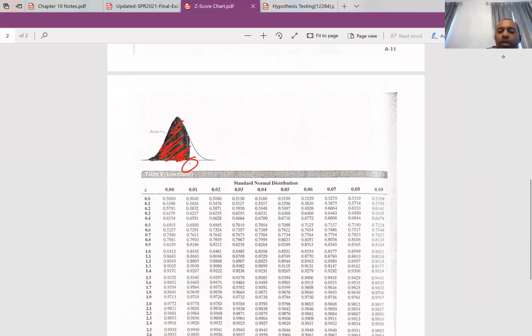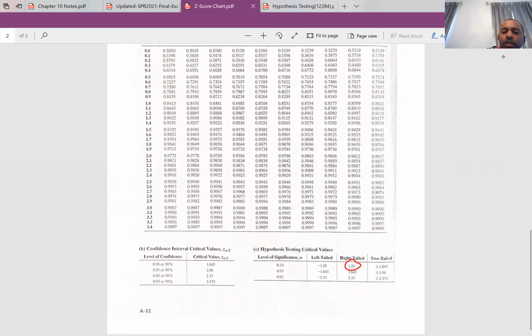Now at the bottom of your z-score chart, right down here, hypothesis testing, notice it says critical values. If it fits either one of these three normal significance levels, whether it's 0.1, 0.05, or 0.01, then they will be right here.